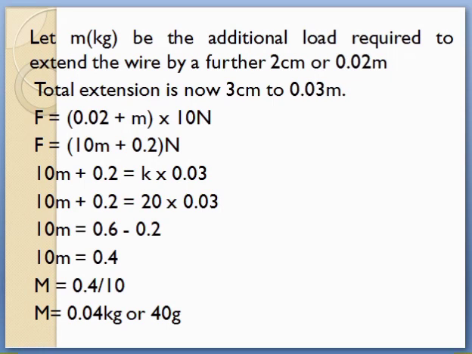By collecting like terms, we end up having 10M equals 0.6 minus 0.2. 0.6 minus 0.2 gives us 0.4. Divide both sides by 10, we end up having our final answer to be given as 0.04 kilogram or 40 grams.